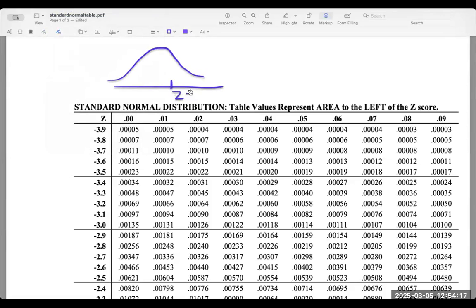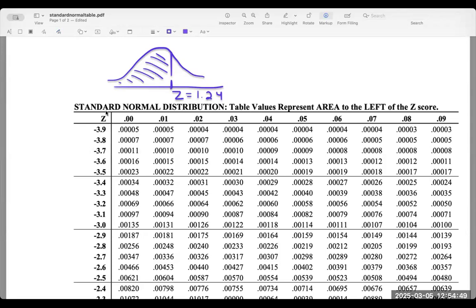I'm just going to write Z is equal to, let's say, 1.24. What this table gives me is, if I find this value on the Z table, it'll give me the area to the left of that Z-score, or the probability we get a Z-score less than or equal to that number.